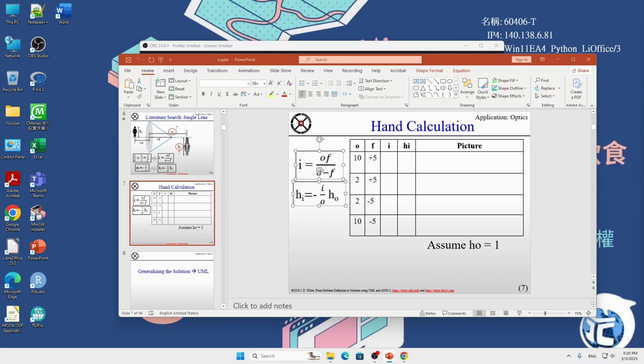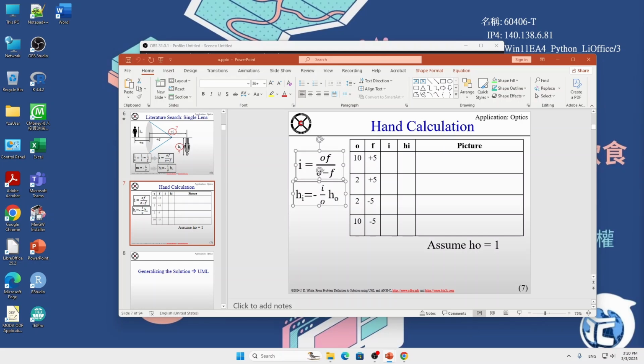So this will be input object H and O. I'm also going to need to input the lens focal length.